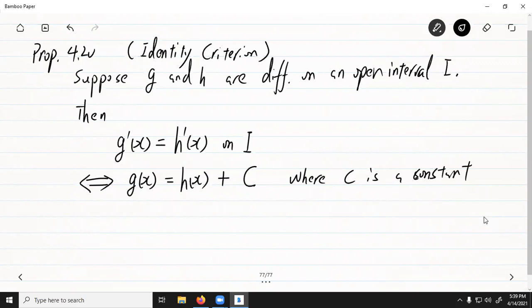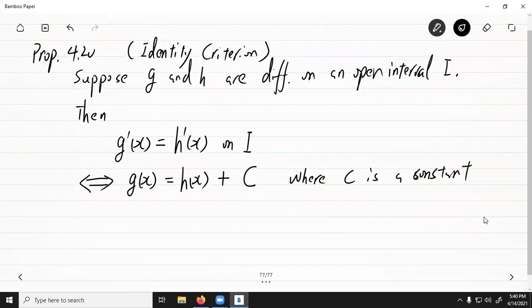If the derivatives are equal, then you have infinitely many solutions, because C could be any constant, right? So you should impose some additional conditions to make this C unique. This is the topic in differential equations.